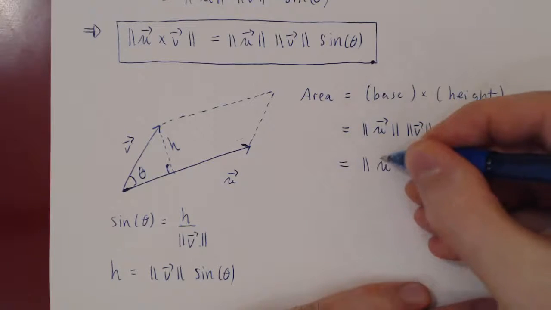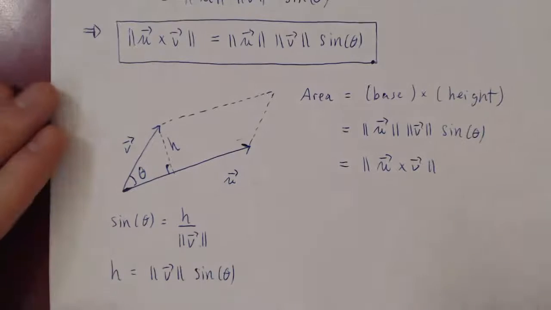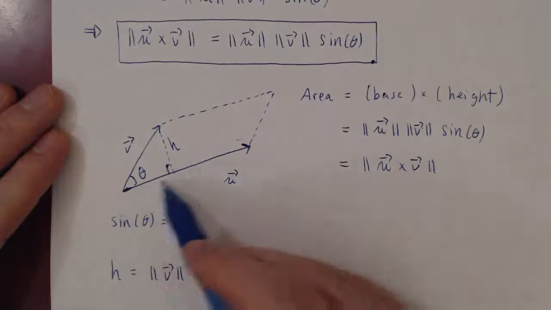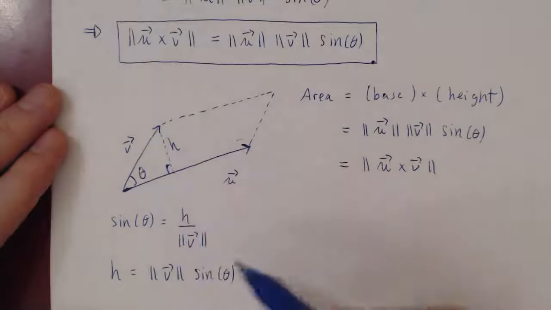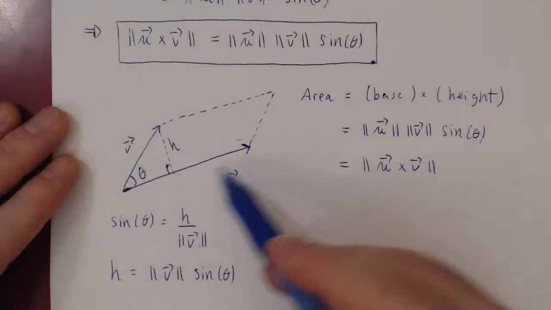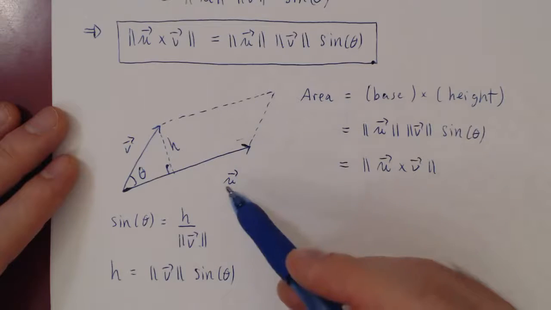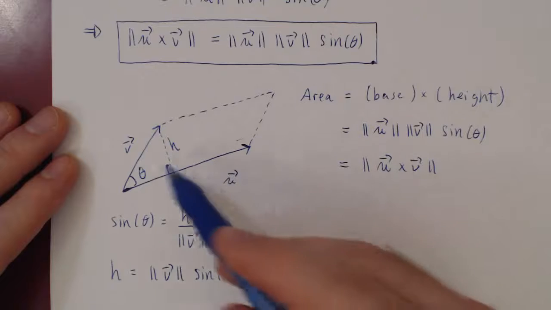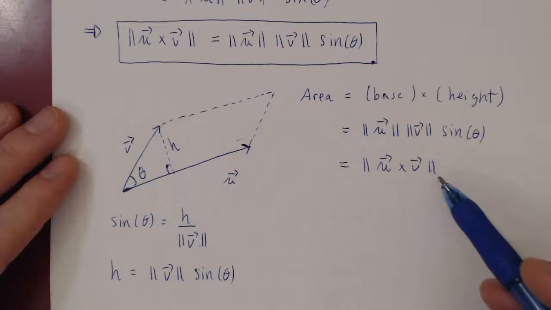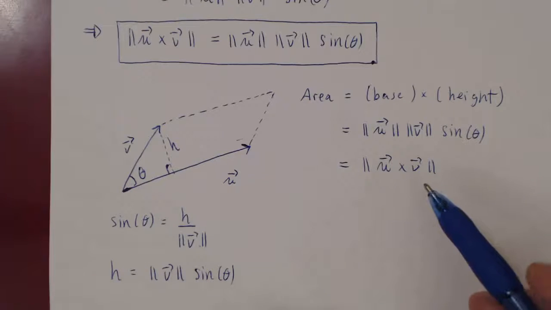The area of the parallelogram is the norm of u cross v. Beautiful, simple result. If you have two vectors in space, whether in R2 or R3, as long as they're not parallel, they will span a parallelogram, and the area of the parallelogram is simply the norm of the cross product between u and v.